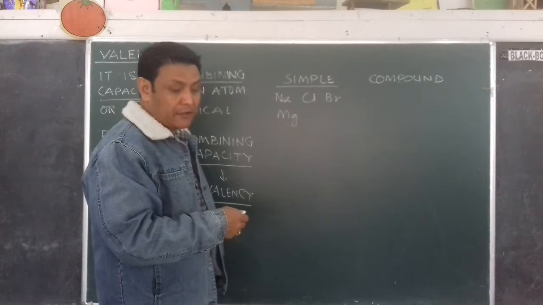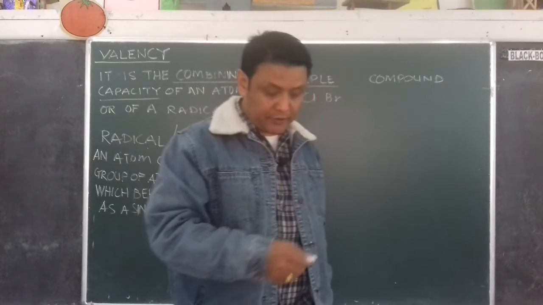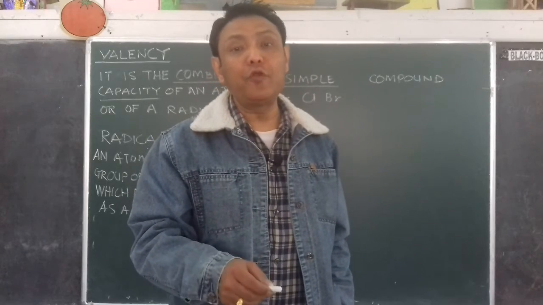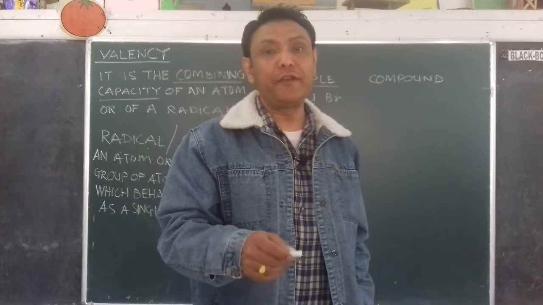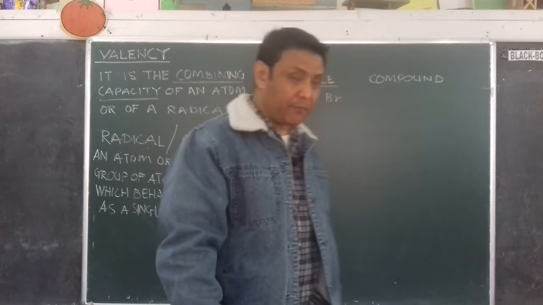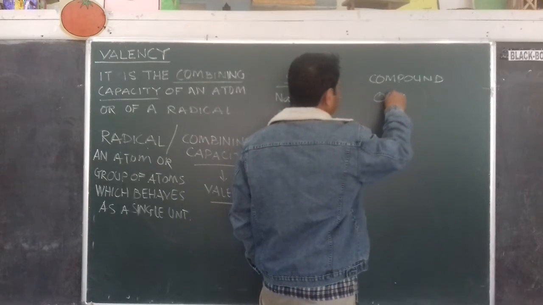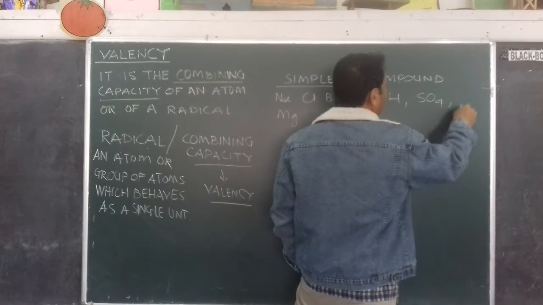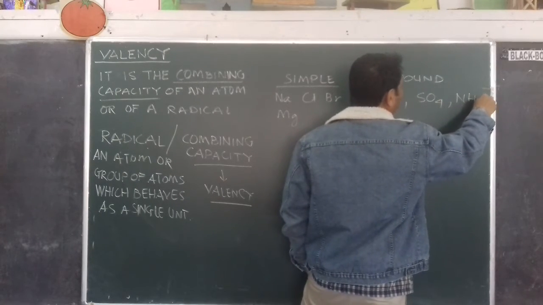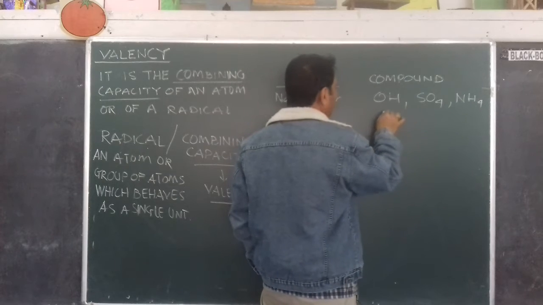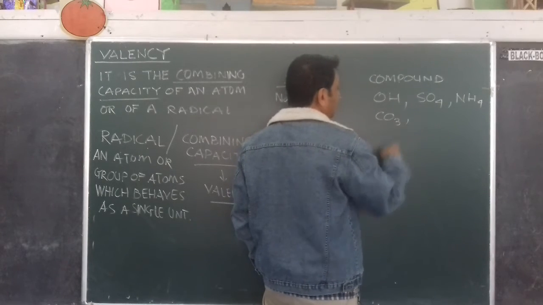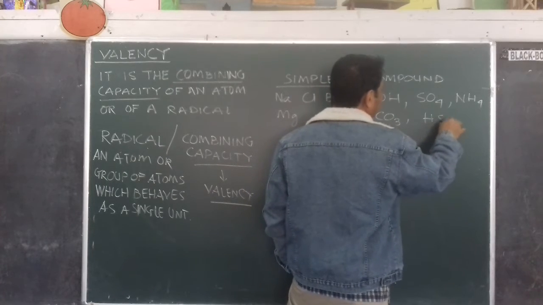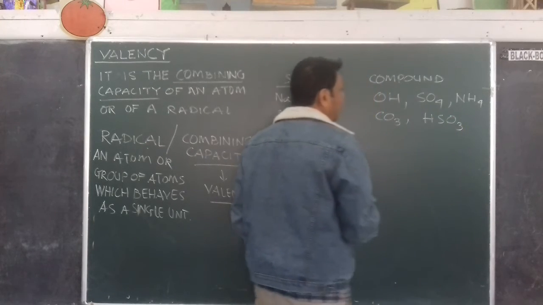But compound radicals are those which are made up of a group of two or more atoms of different elements. For example, OH, hydroxide, SO4, sulfate, ammonium NH4, carbonate CO3, bisulfite HSO3, and so on.